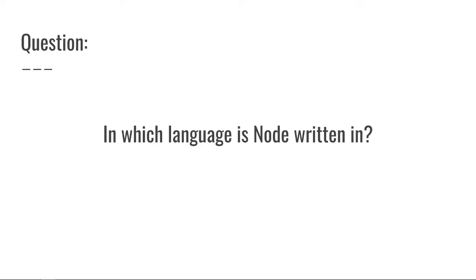It's C++. Node.js is a JavaScript framework, but it's not written in JavaScript itself. It's written in C++ actually. The simple reason is, Google wrote V8, they decided to write it in C++.